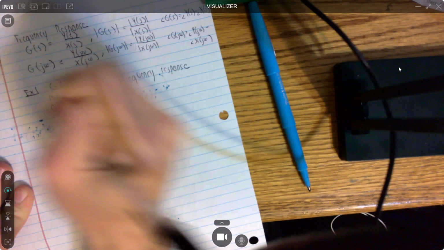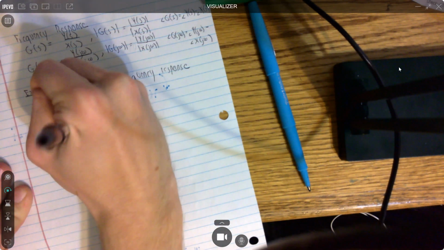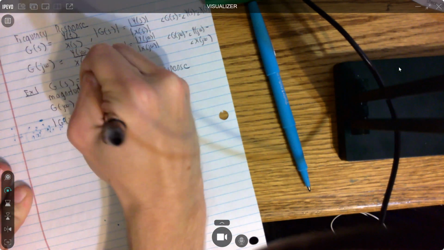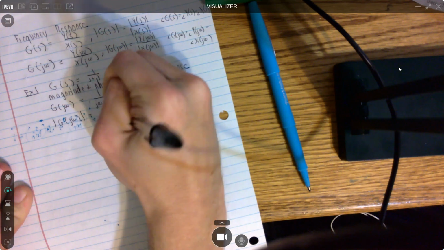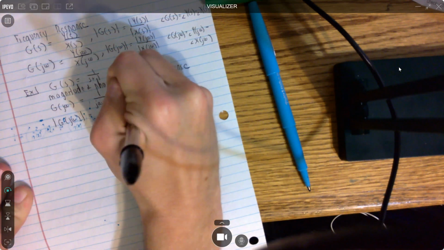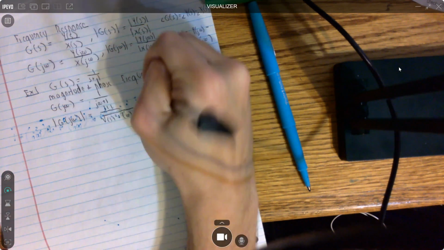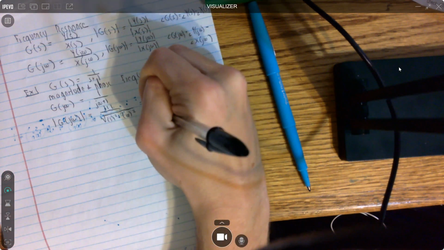To find the magnitude of that, the magnitude of G of J omega is equal to the magnitude of the numerator over the magnitude of the denominator, which would be 1 over the square root of the real part squared plus the imaginary part squared. So this would equal 1 over the square root of omega squared plus 1.